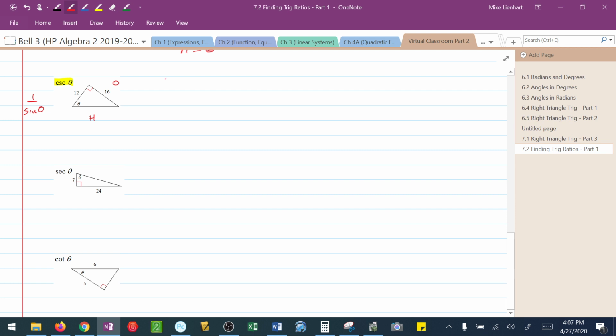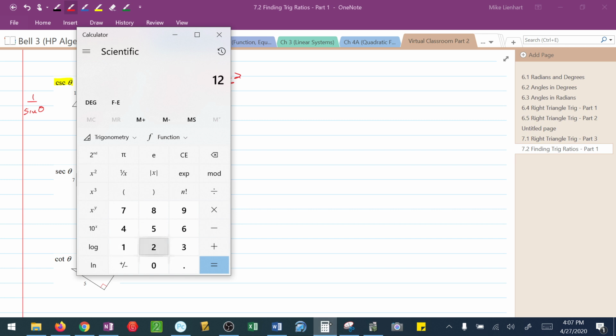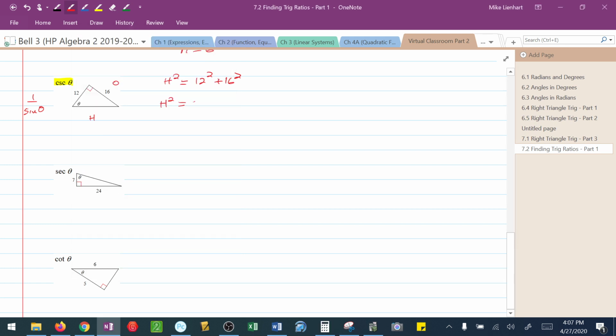So I'm going to find the hypotenuse first by the Pythagorean Theorem. h squared is equal to 12 squared plus 16 squared. Let me use a calculator. Oh, I did that before, didn't I? So therefore I know that h would be 20.